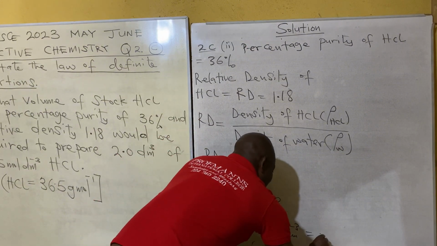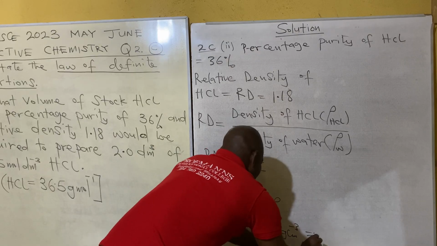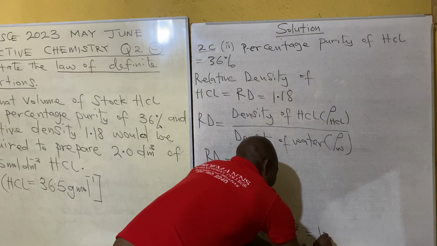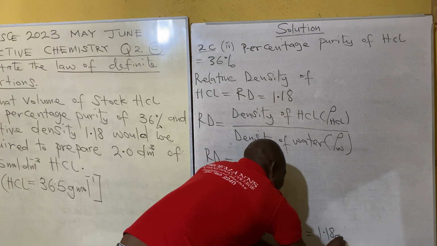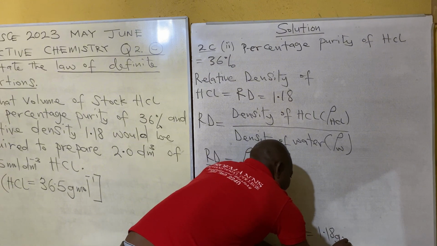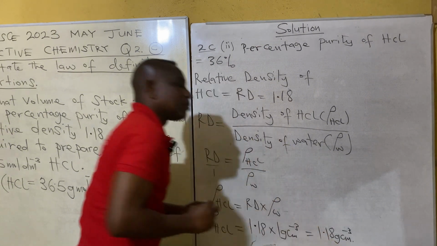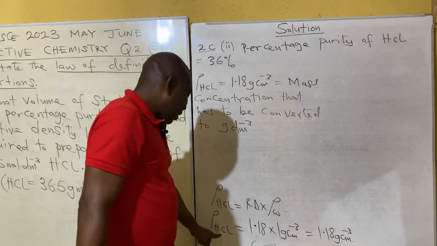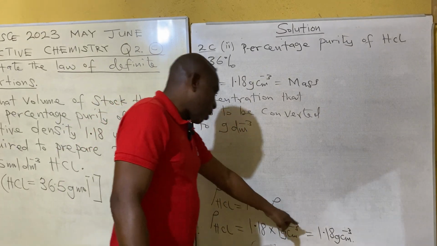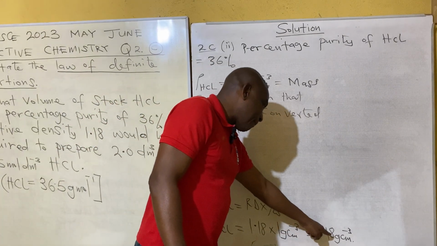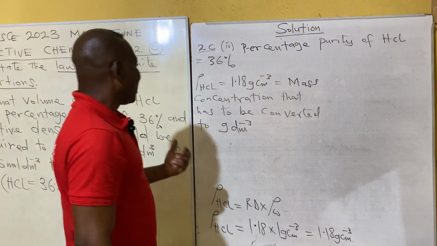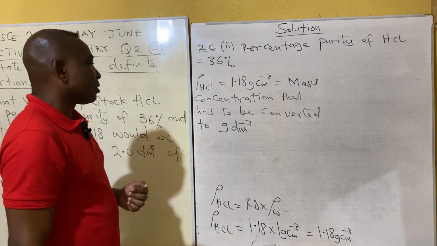This gives us the density to be 1.18 g/cm³.